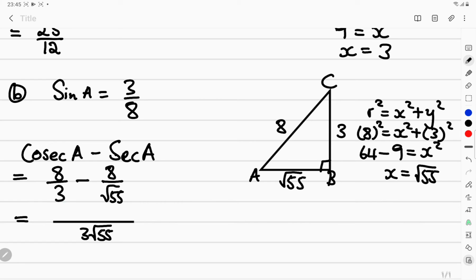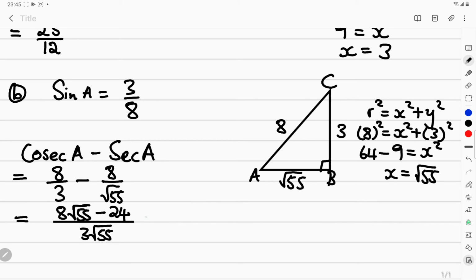If you divide and multiply, you're going to get 8 square root 55, without the use of a calculator, then minus 24.